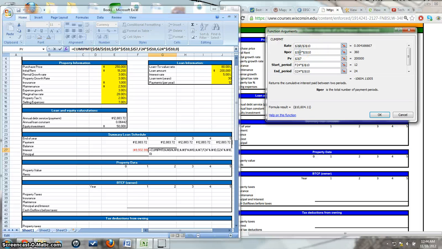Number of periods, total number of payment periods, present value, start period 12, end period 24. Interest.